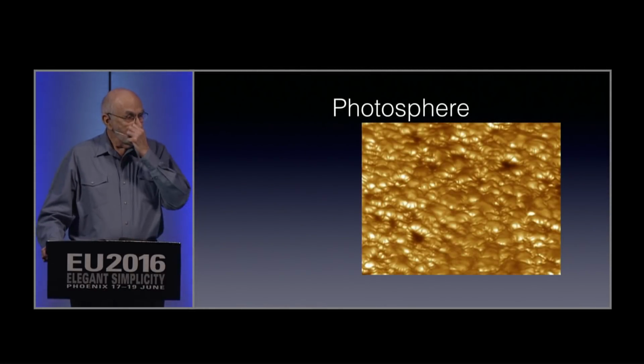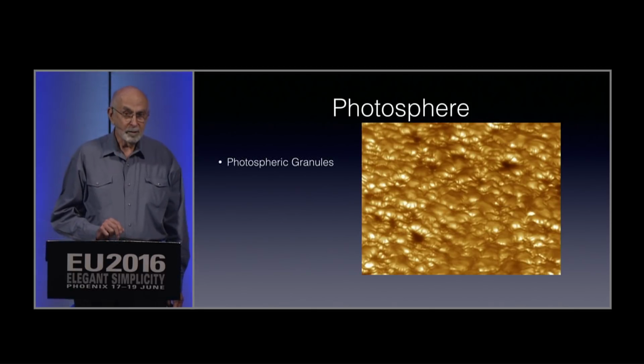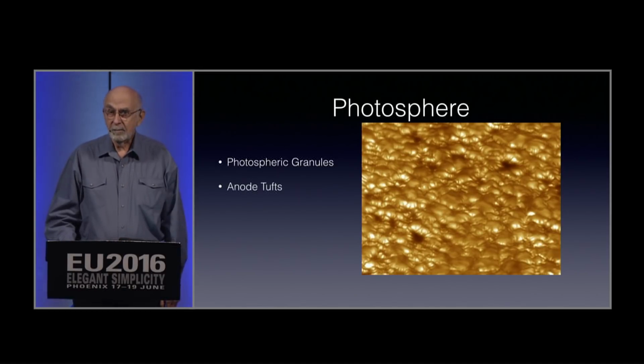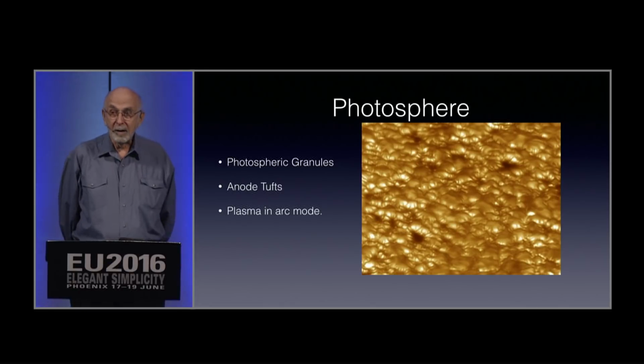The photosphere is where the action is, and that's what we're going to be talking about mostly. The photosphere consists of these things that the astronomers called photospheric granules. A more proper name for them is Anode Tufts. The anode tufts consist of plasma in the arc mode, and I've heard all sorts.